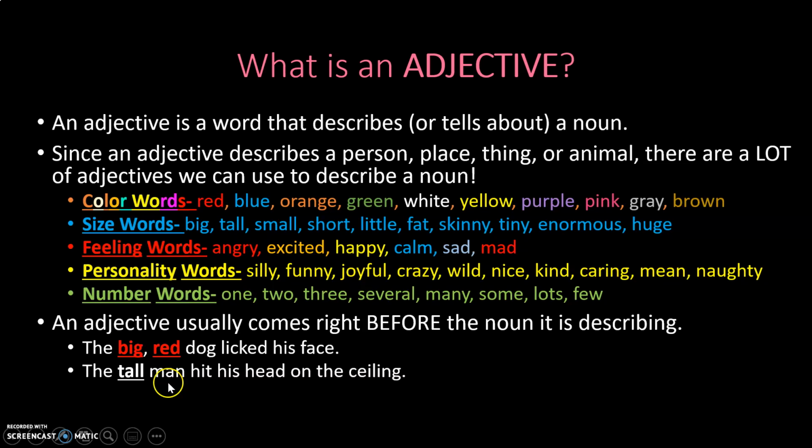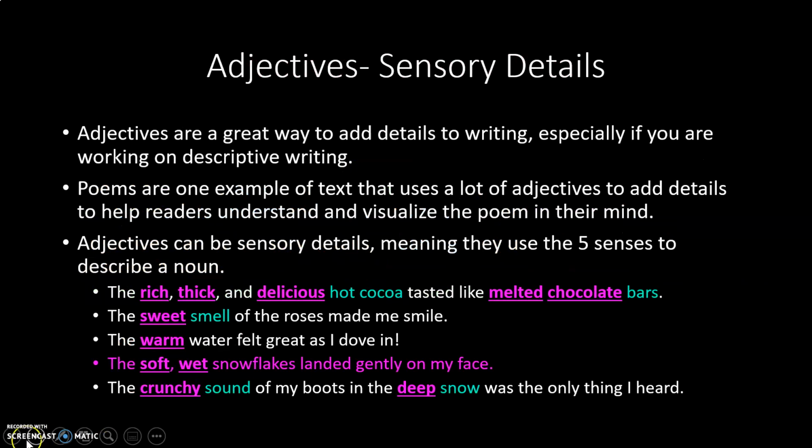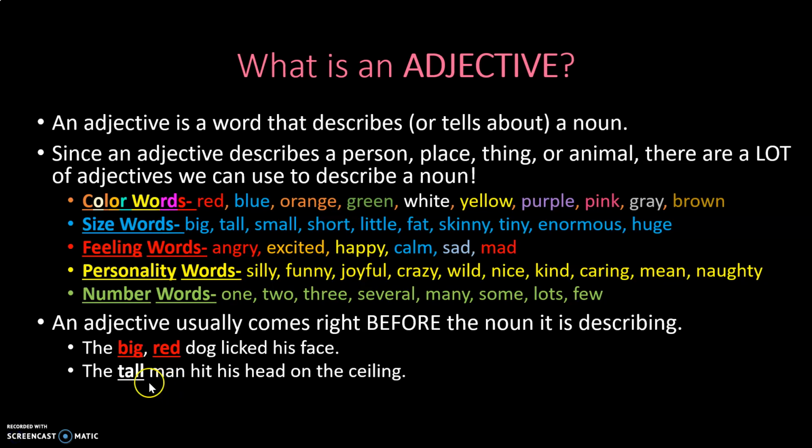Man would be the noun because it is a person. And the adjective tall describes the size of the man. So tall is the adjective and man is the noun.